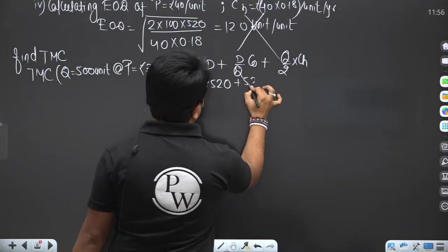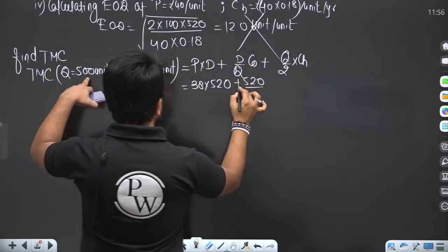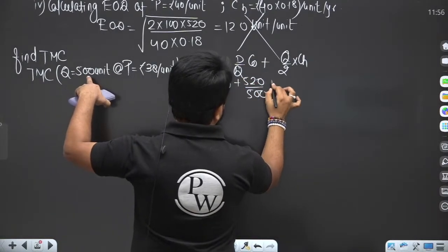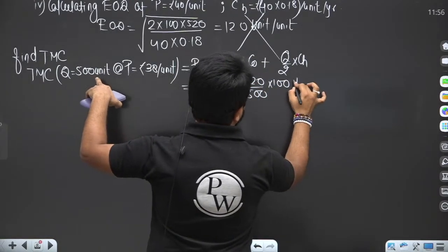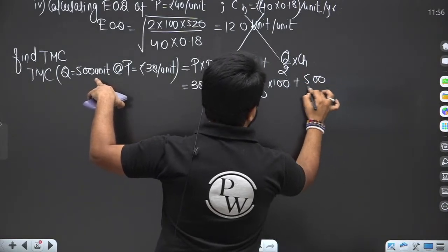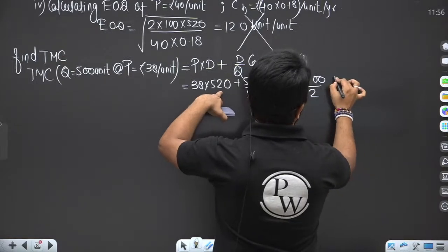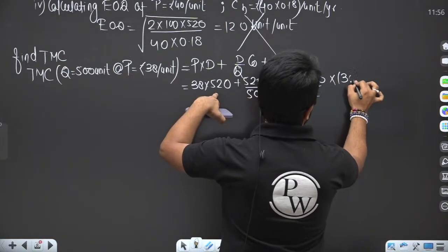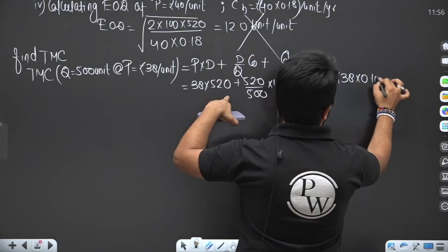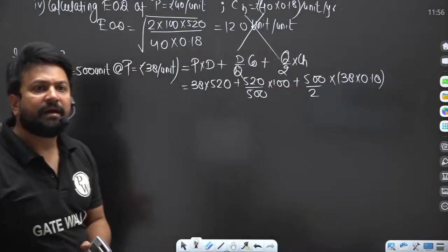You are taking a quantity of 500. Your ordering cost is 100. You are taking quantity 500, divided by 2. Your holding cost is 38 into 0.18. Am I clear?